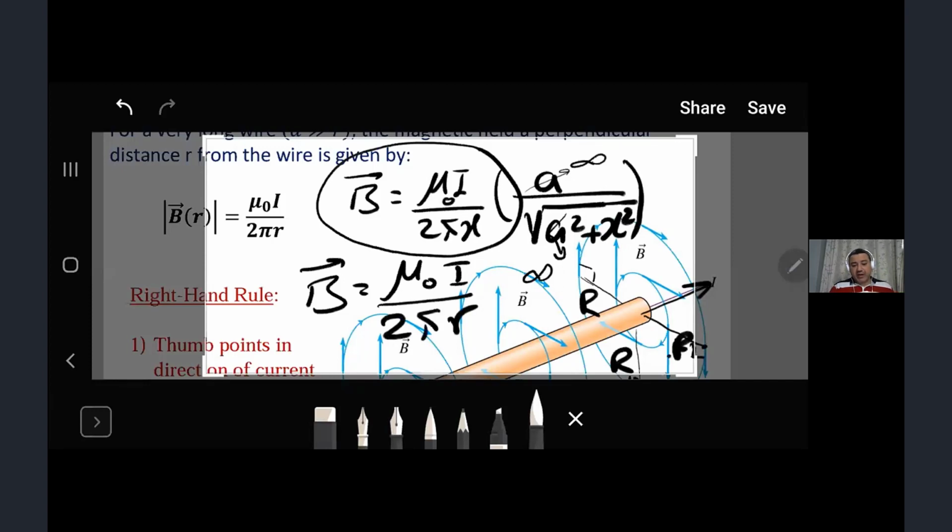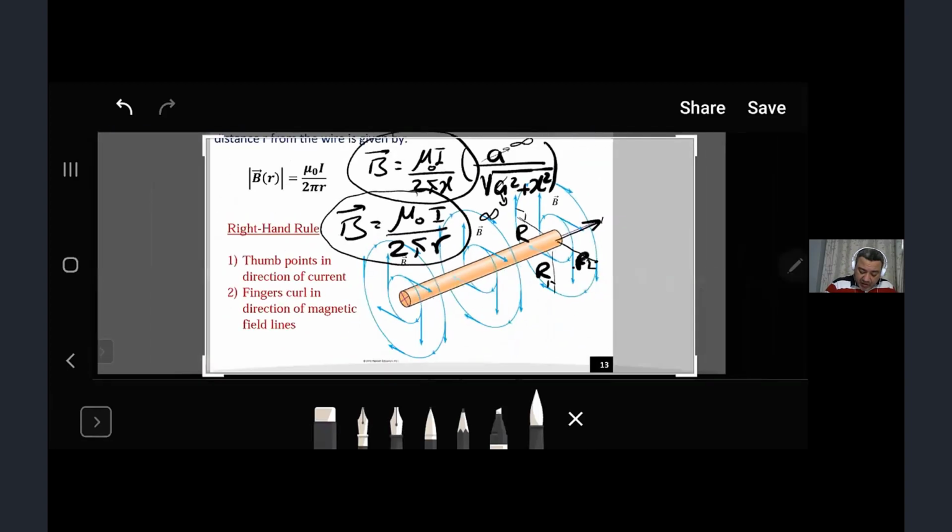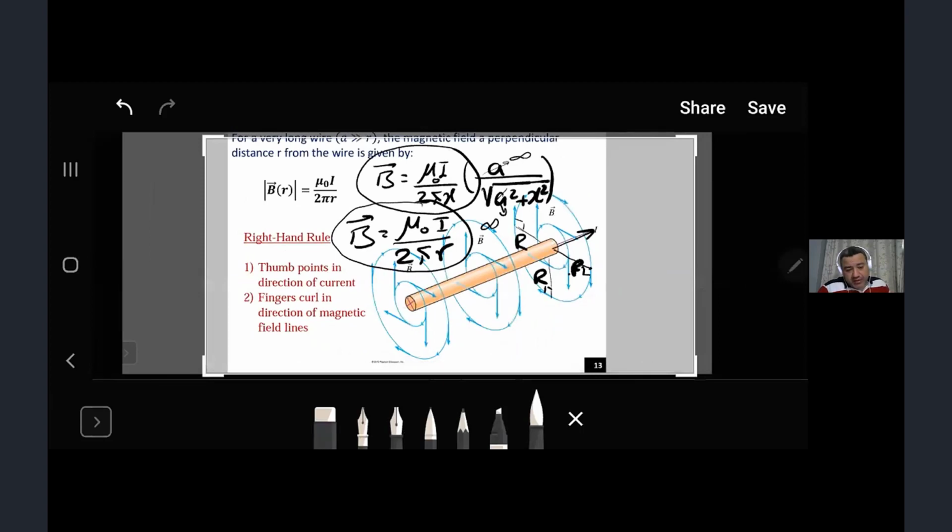R is the radius, as I said earlier. R is the radius of the circle that this point of interest is sitting on. So this now is the magnetic field. Again, this is the magnitude. If you want to find the direction, it is always theta hat.